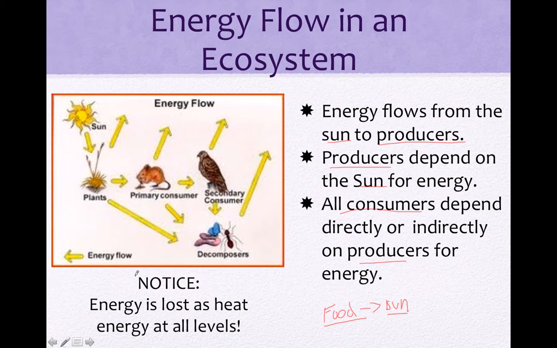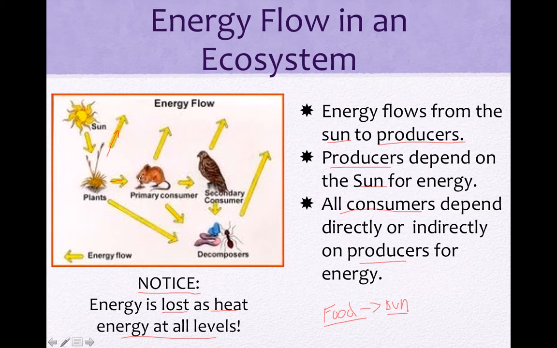But what I want you to notice here, especially in this picture and on your notes, energy is lost as heat energy at all levels in this picture. So the sun is giving its energy to the plants, but the plants lose some of that energy because it has to work. It has to make things for itself, and so radiation takes some of that heat away, and so we lose it.